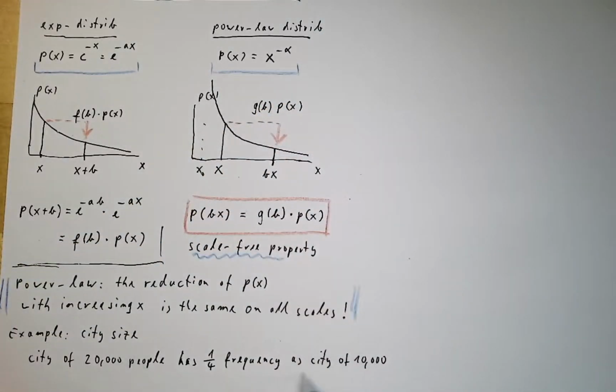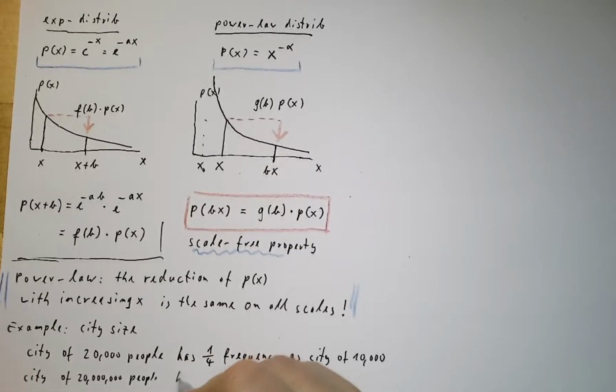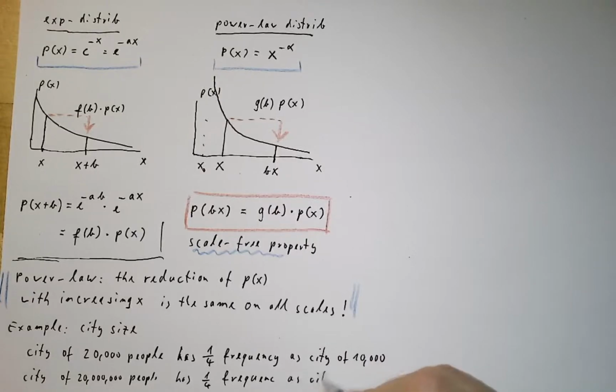This means if we have this power law distribution, that a city of now 20 million people has a fourth of the frequency as a city of 10 million people.